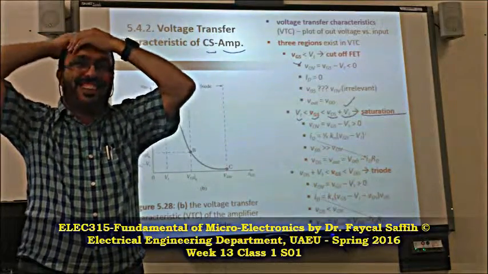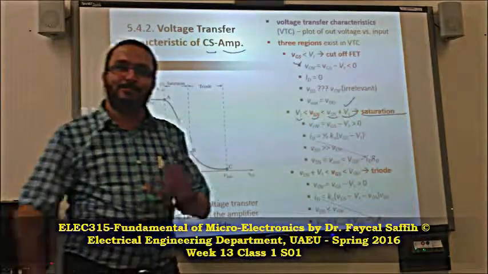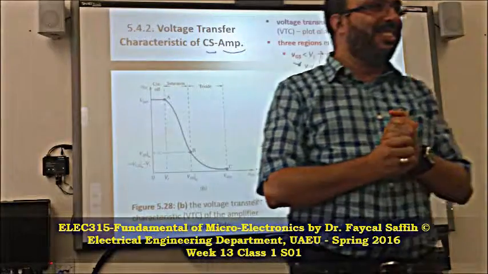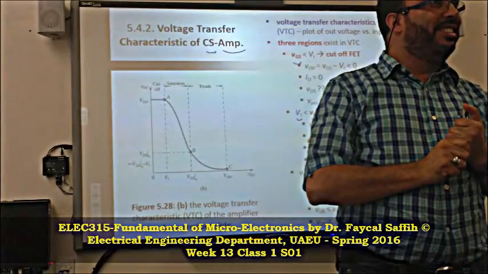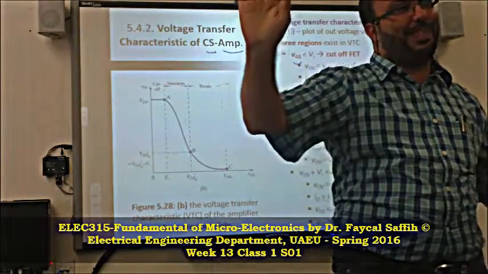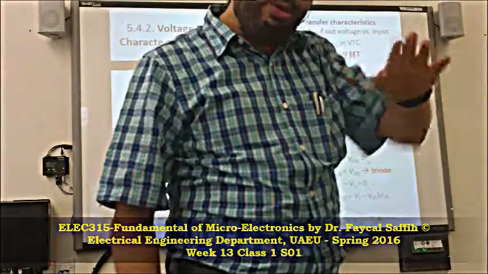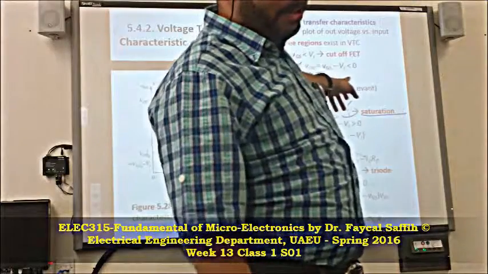Now the other question, since the March break has broken our memory into pieces. When the depletion region is forming, there is a specific equation for saturation. There's no zigzag. What you said is the triode, not saturation. So we are talking about saturation, right?